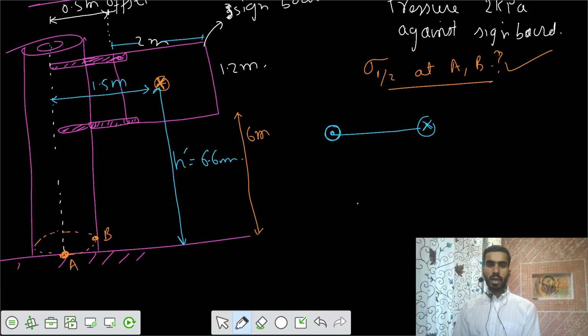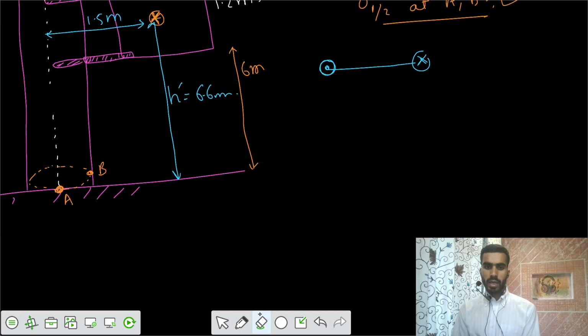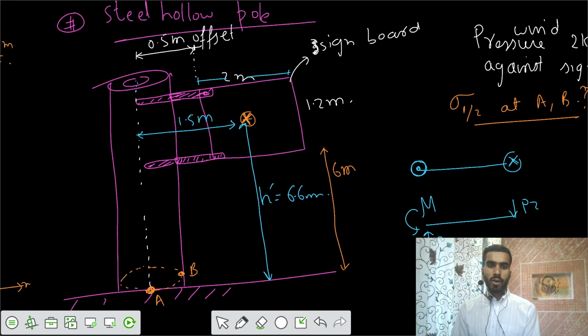Now if I want to see it in the vertical direction, a load of PZ is acting here, and here would be PZ. That means the moment developed would be M, and this moment M would be about the y-axis.